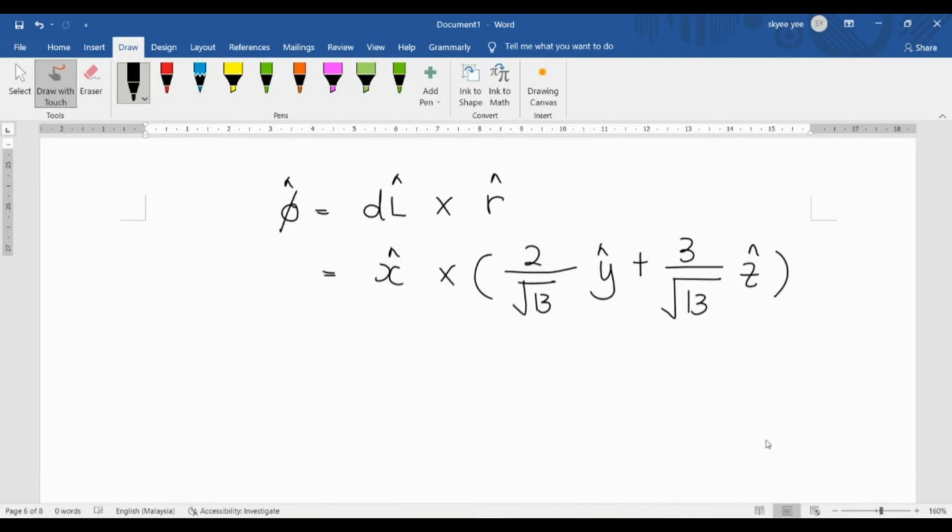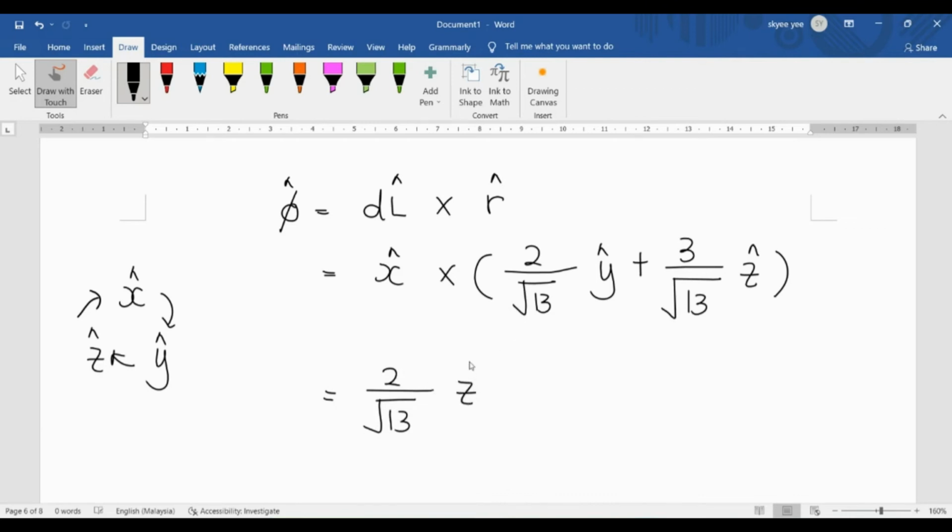So how to do it? x cross product with y, you get z. So the value remains, no changes on the value.